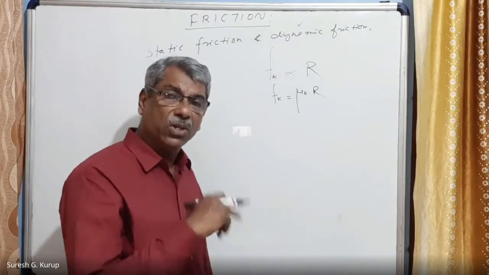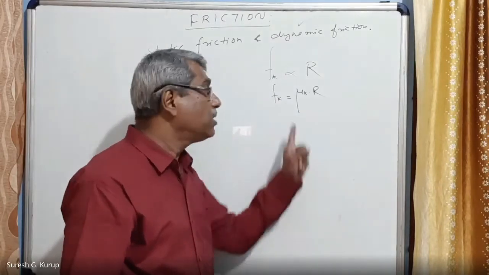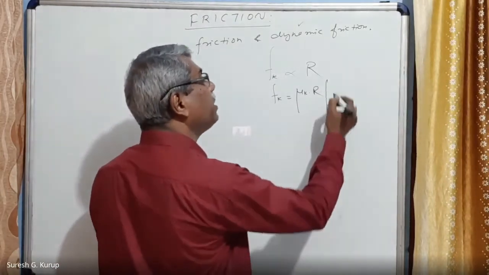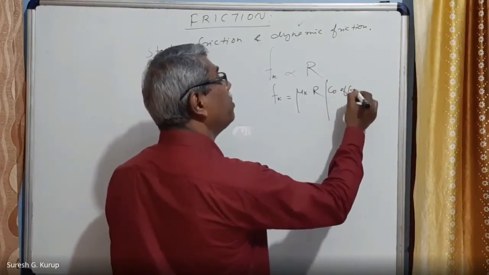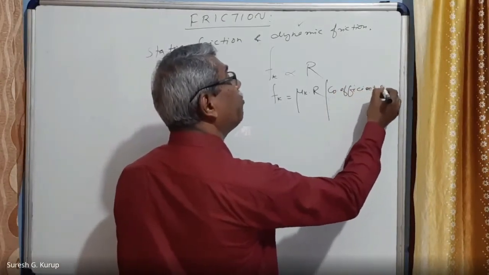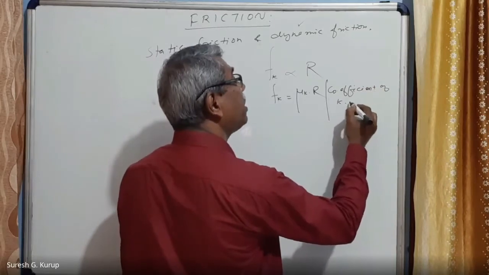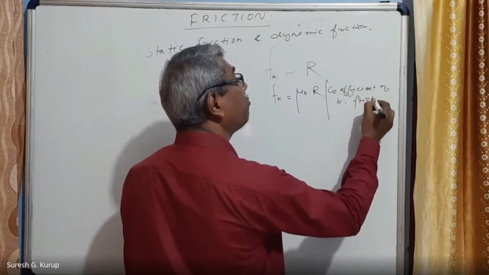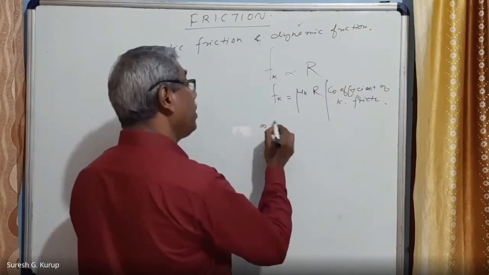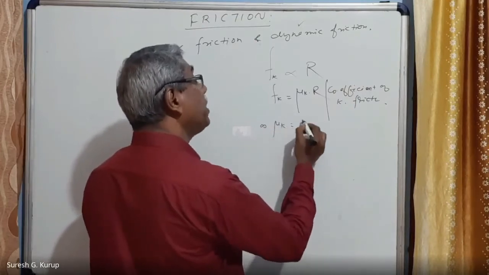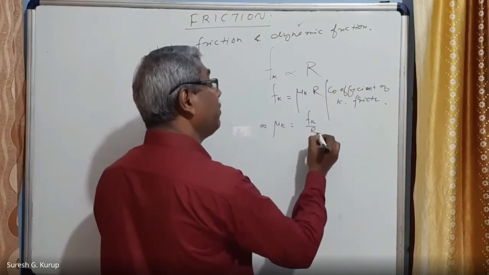The other one was the coefficient of static friction. This is the coefficient of kinetic friction. Or we can write mu k is equal to Fk divided by R.